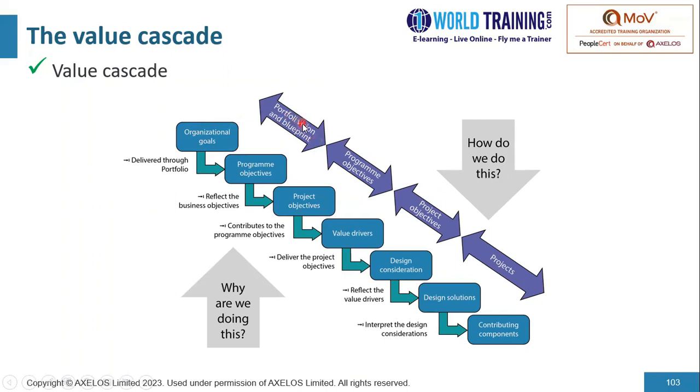The portfolio vision could be broken down into program objectives. Program objectives could be broken down into project objectives. So it's a kind of top-down cascading. And we could also use the why approach. Why are we doing this? Both of these are good approaches towards understanding the value cascade.